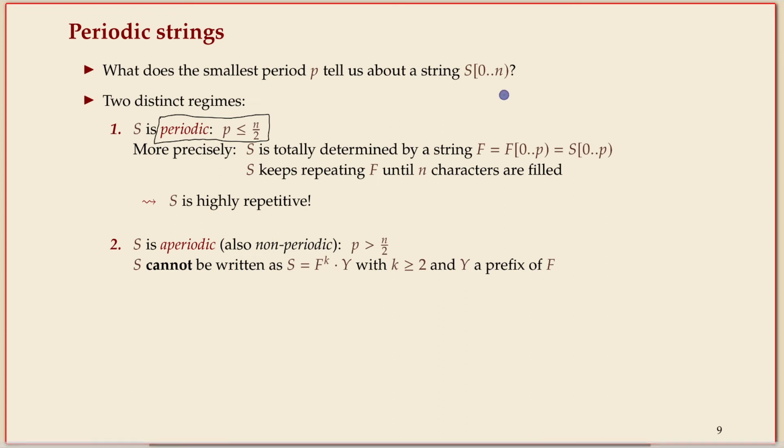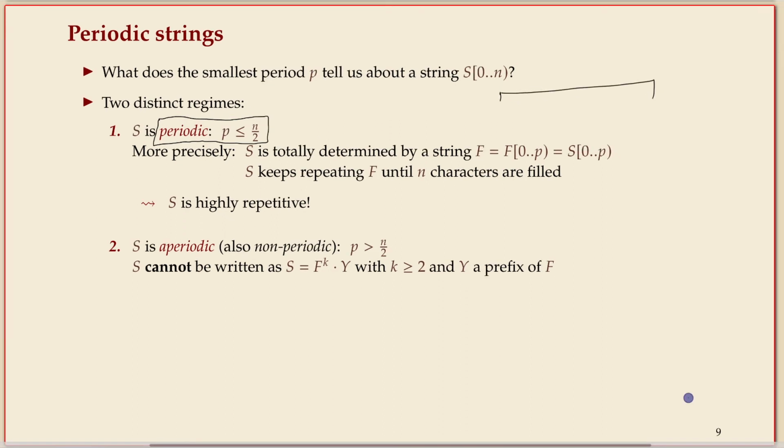Maybe repeat the little picture again, just conceptually. So suppose the period is like this. Then that breaks the string into these blocks. This must be the same as this because it's the same string.